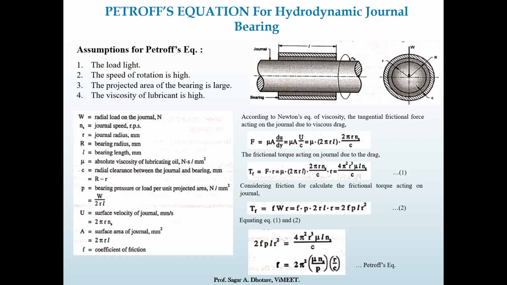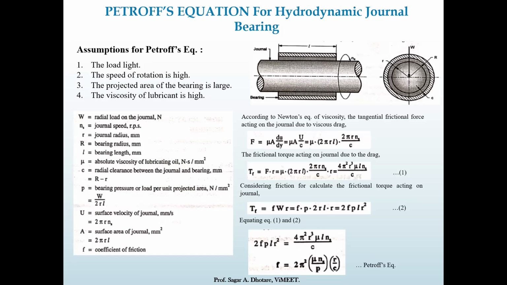mu is the absolute viscosity in this equation, but normally we denote it with the help of PSG. It is denoted by Z dash. In this equation, we will discuss only this one. Then further, in the design, we will discuss how we can design based on PSG.